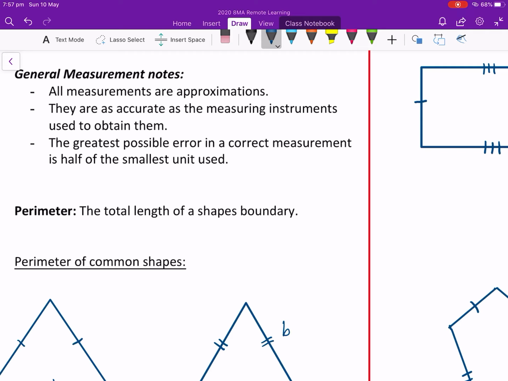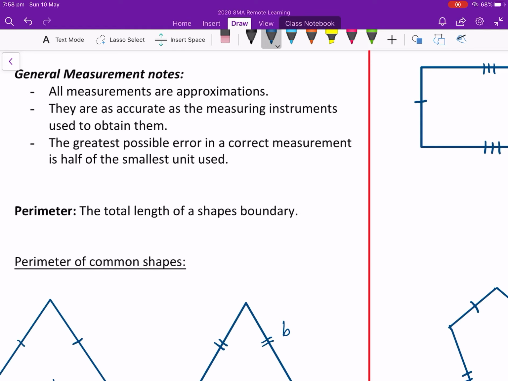So an example of where this would all apply is, for example, if I was measuring the length of a windowsill. Okay, so have a look at the windowsill near you. If you were to measure this with a measuring tape, you would probably have centimeters, and you'll most likely also have millimeters on it as well. So essentially you will measure that windowsill and you'll have a centimeter and a millimeter measurement.